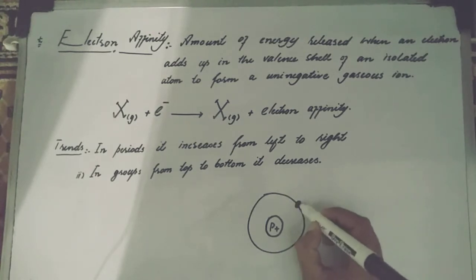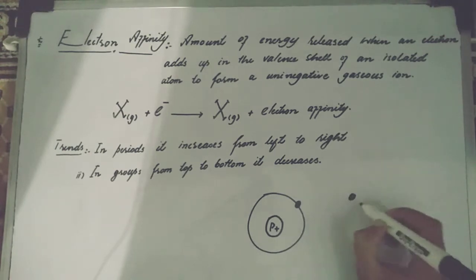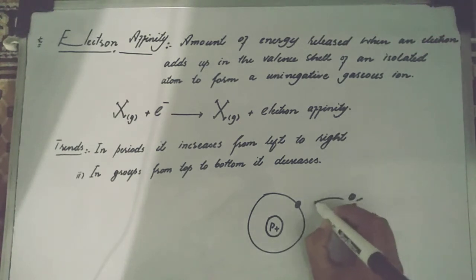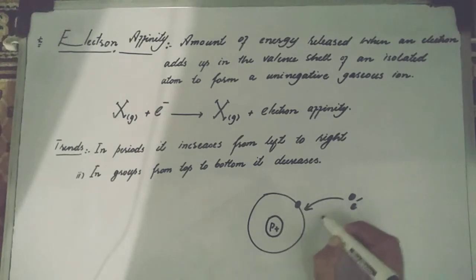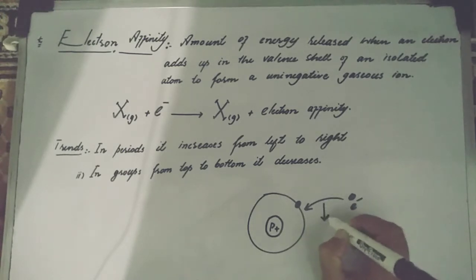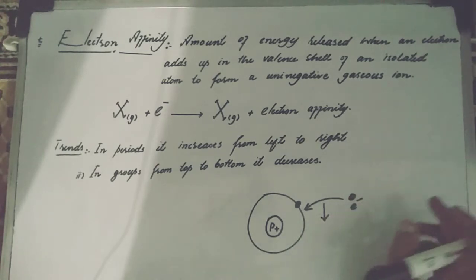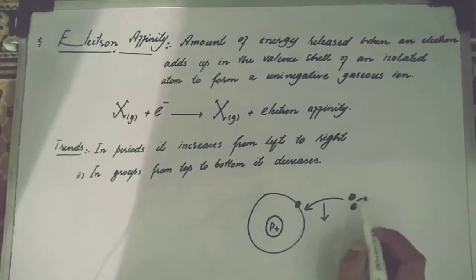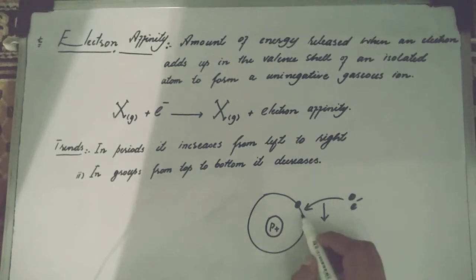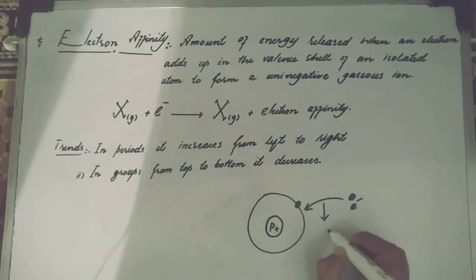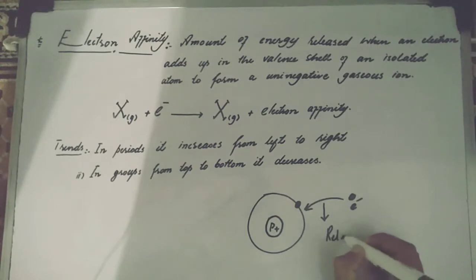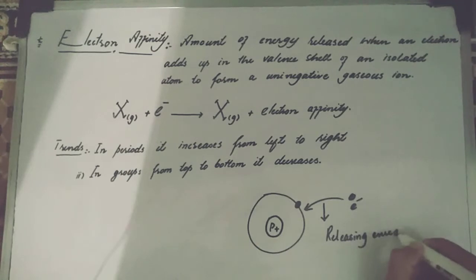If this atom has an electron in its valence shell and here is another electron which you want to add to this valence shell, whatever amount of energy is released when you add this electron into this shell, that energy released is what is electron affinity.